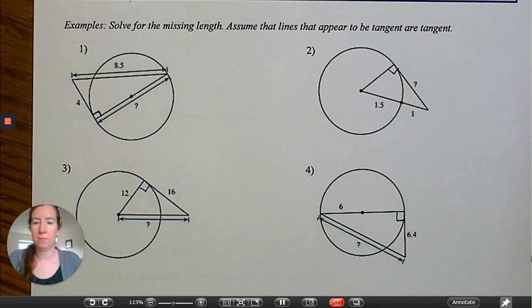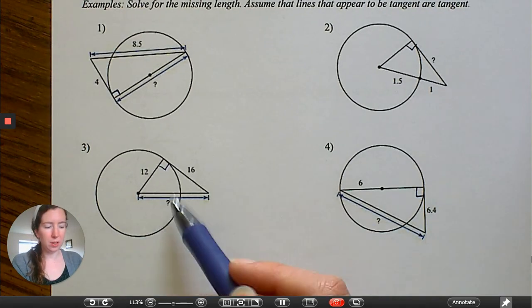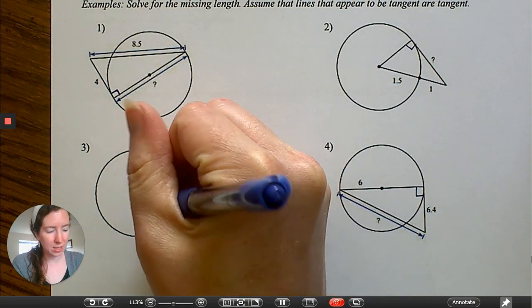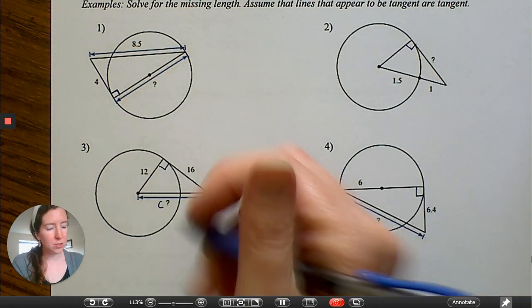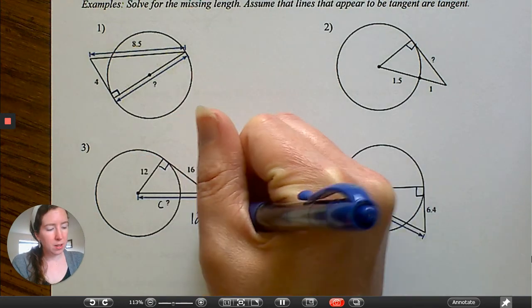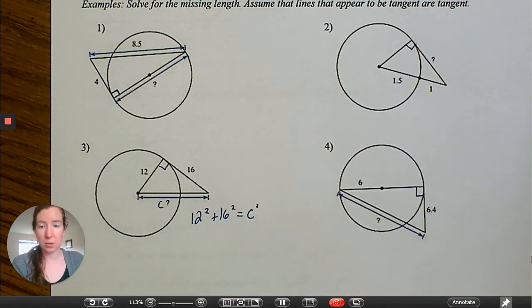Let's see, let's start with number 3. So in our right triangle, this question mark is our c side. That's our a squared plus b squared equals c squared. So if I set up my equation, 12 squared plus 16 squared equals c squared.